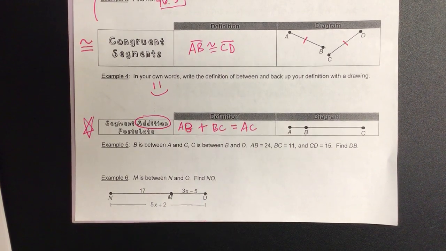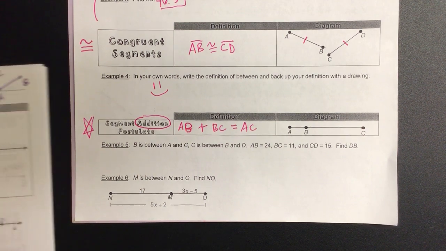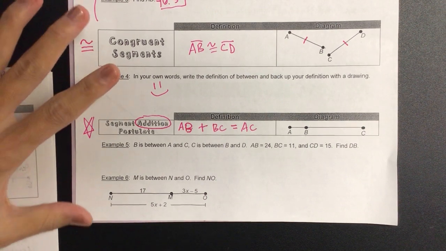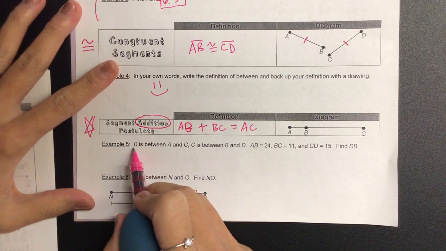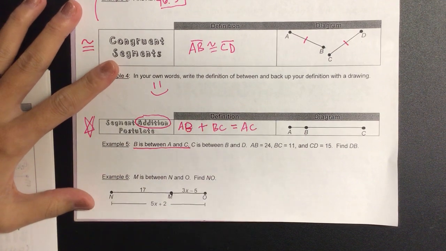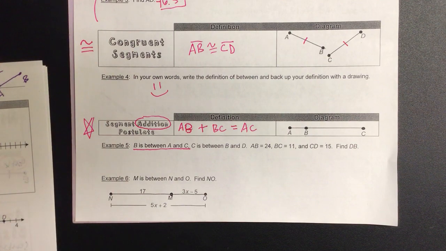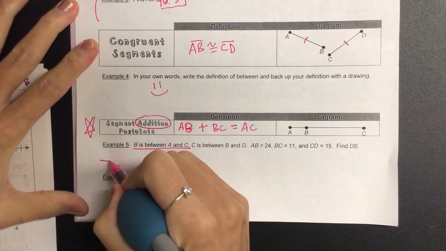Royal, let's read example number 5, please. Okay, let's start with the first one. If B is between AC, what are my endpoints? A and C, very good. So let's go ahead and make that.